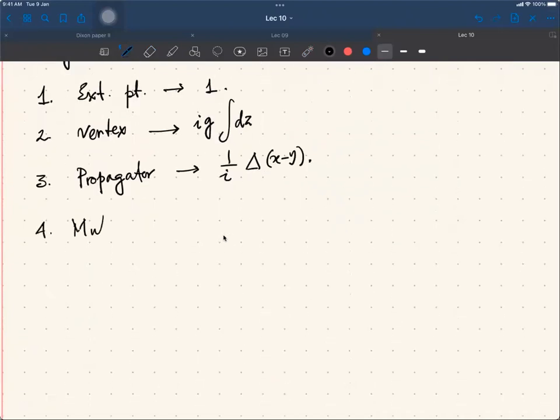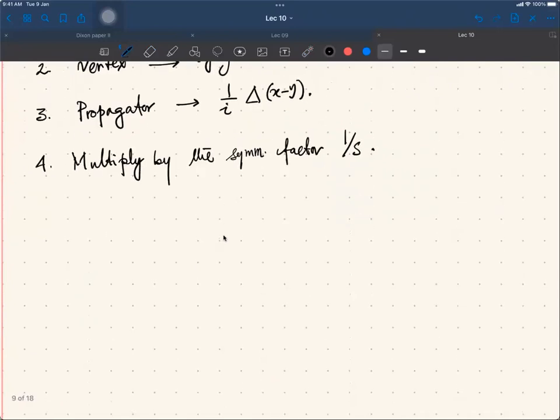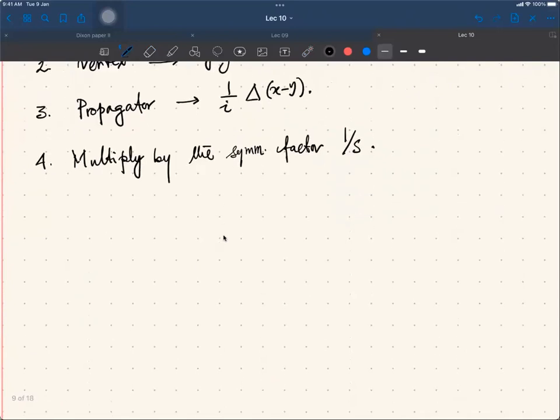And the last one is to multiply by the symmetry factor. But this symmetry factor, as I discussed before, is new.